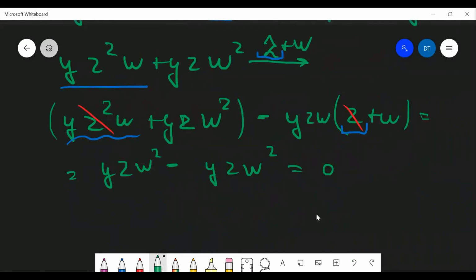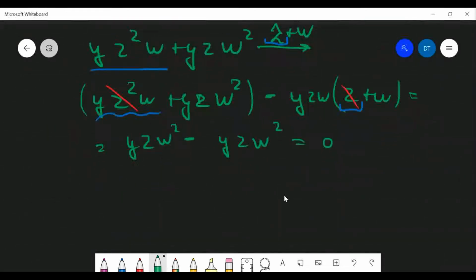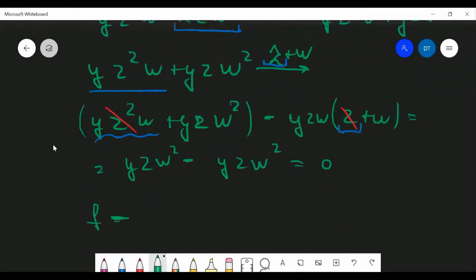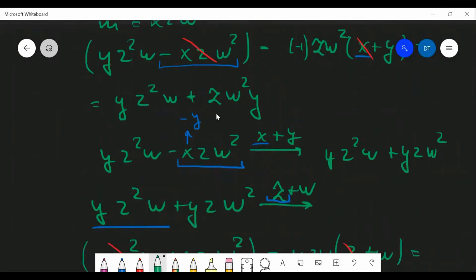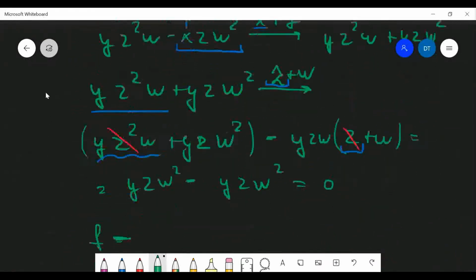So am I correct that we expressed the initial polynomial with g1 and g2? Yeah, exactly. Multiplied by some monomials. As you can see, first of all, we subtract from f this expression, minus 1 zw square.